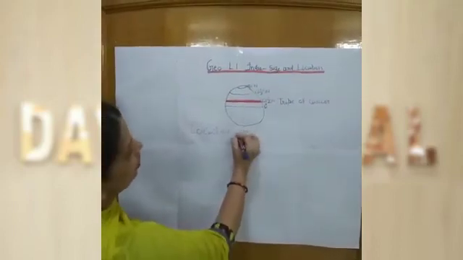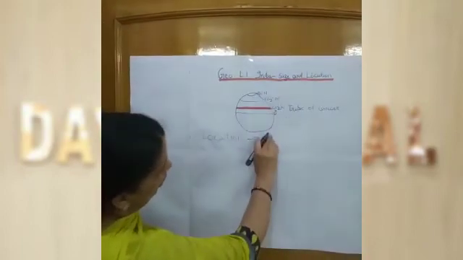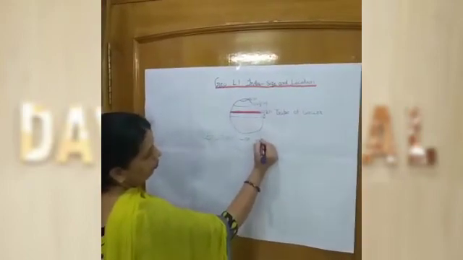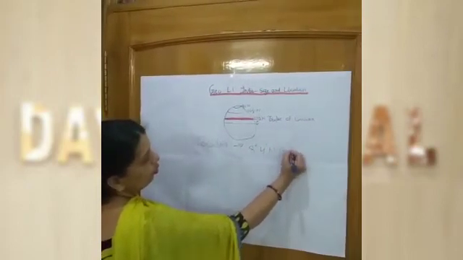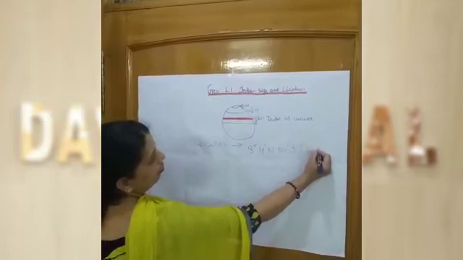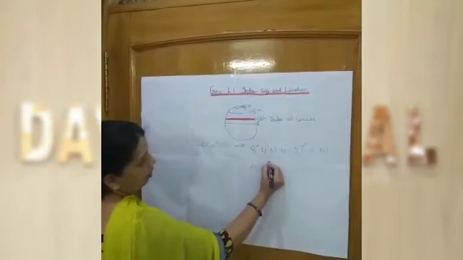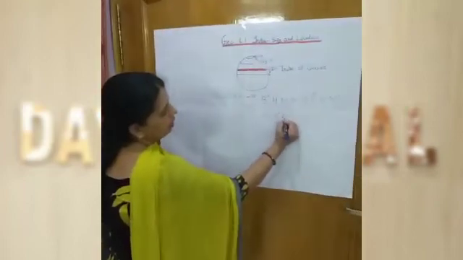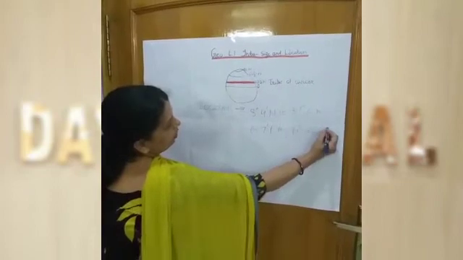India is a very big country, and on the globe we can see the location of India. India lies between 8 degree 4 minutes north to 37 degree 6 minute north, and longitudinally it is between 68 degree 7 minute east to 97 degree 25 minute east.